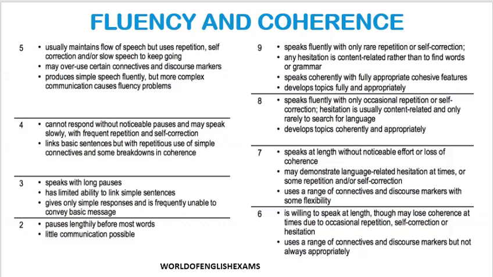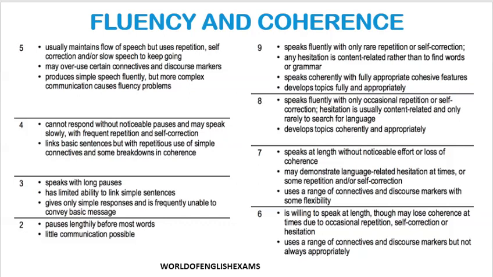Cannot respond without noticeable pauses and may speak slowly. So if you're speaking too slowly, and if you think that this will help you to drag the time for that 1 or 2 minutes, especially in the second part of the speaking test, then you have to improve your thought process. That doesn't work that way, because if you're speaking with noticeable pauses, then the score which you're going to get is 4.